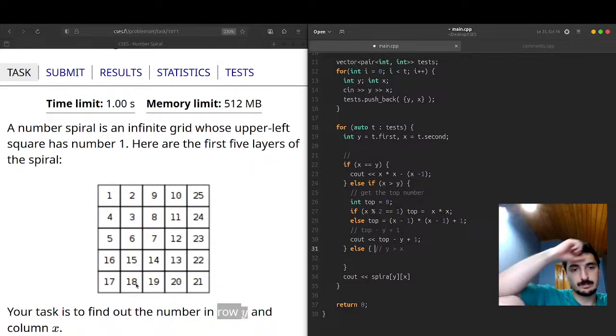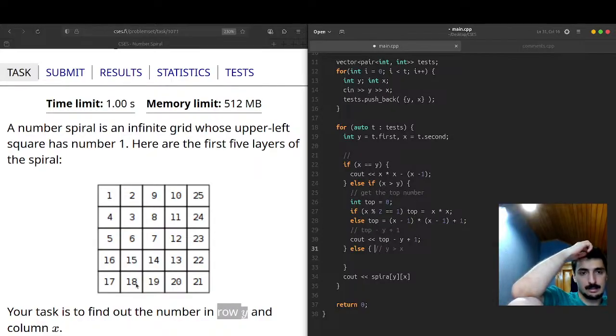18 is 17 plus 1, which I don't really get.